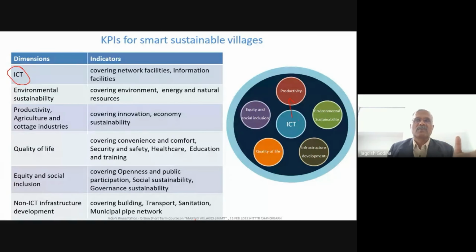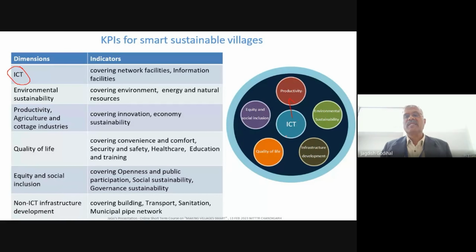We are not going to renovate the roads within the existing physical infrastructure, but use ICT to enhance its effectiveness in services, whether it is the drainage system, water supply system and all those things. That is what we look into.